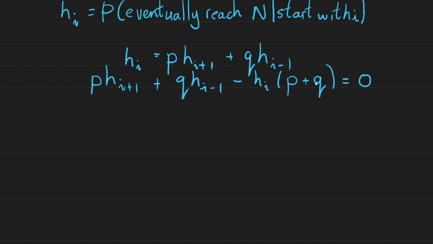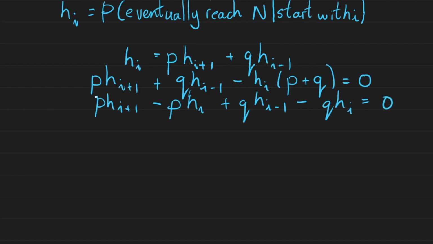So I can expand out what is inside this bracket. If I do that, I get P H(i+1), and then if I expand out that bracket, I get minus P times Hi. Then I have plus Q H(i-1), and then I have minus Q times Hi, and this is equal to 0.